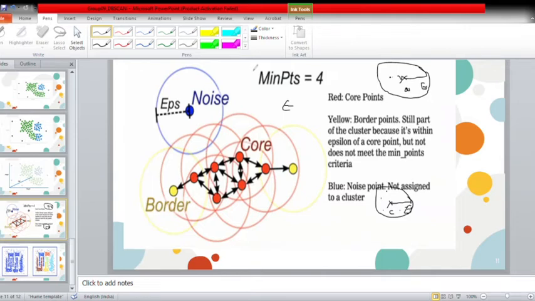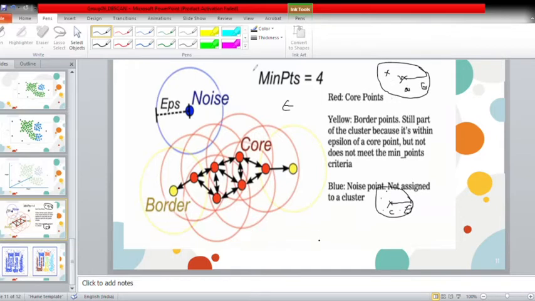For example, it does not satisfy the condition of 4 points. So this circular boundary doesn't have 4 points, but it does have a core point inside. So the condition is it doesn't have minimum points as 4, but it does have a core point inside the circular boundary. Then this point A is said to be a border point.